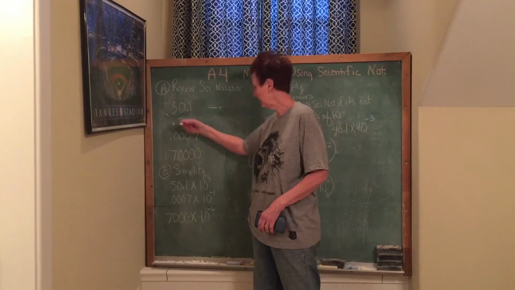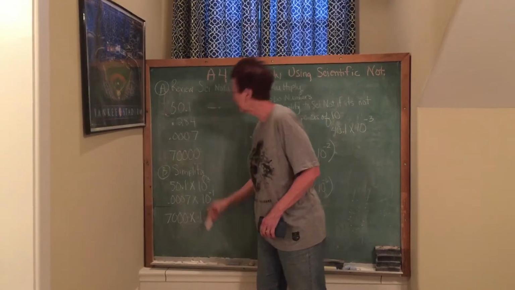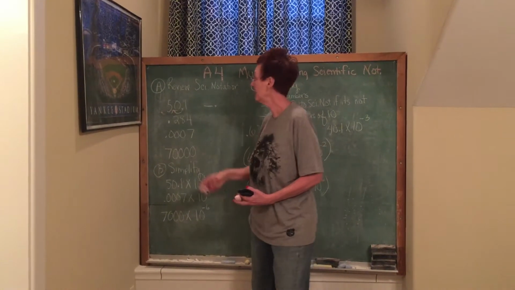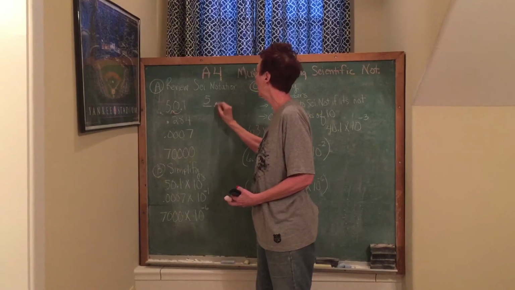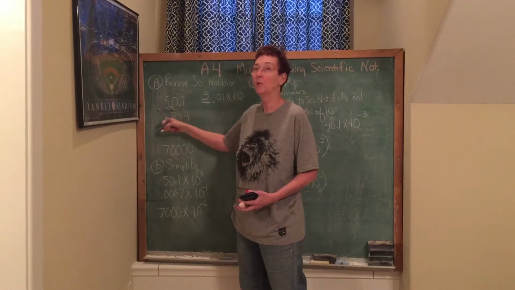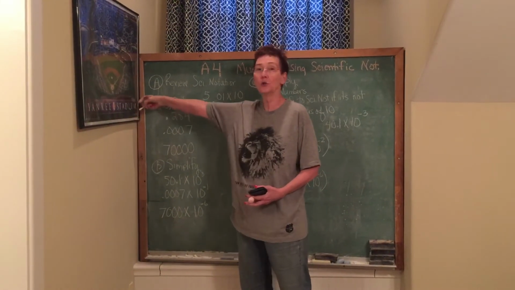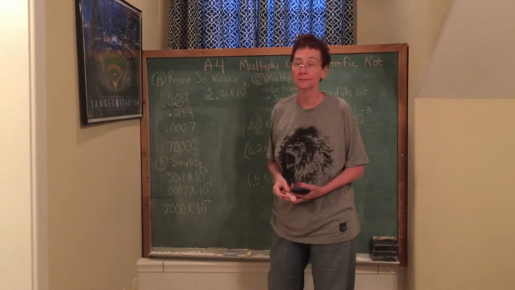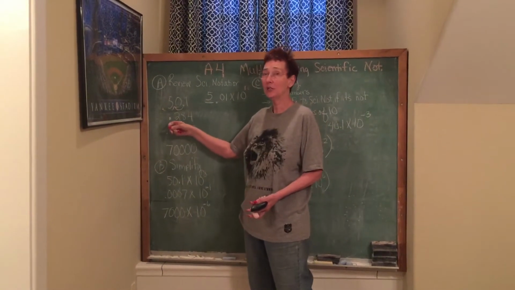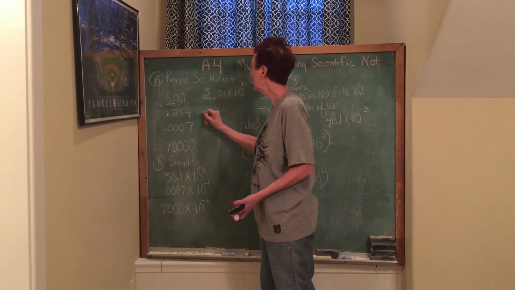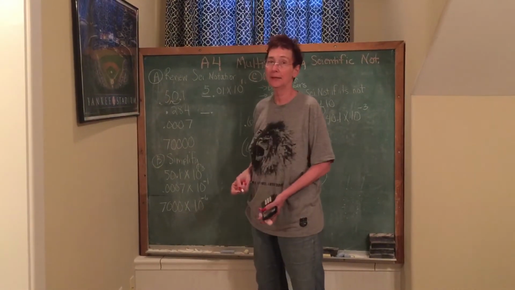So if I have 50.1, the decimal point is not in the correct place, so I moved it right there. And so that now makes it 5.01, and you move the decimal point one place over to the whole number side, so that's why my exponent was 1. Okay? In the second chapter, when we took a decimal like 0.284, well, I still just want one number and then the decimal point.